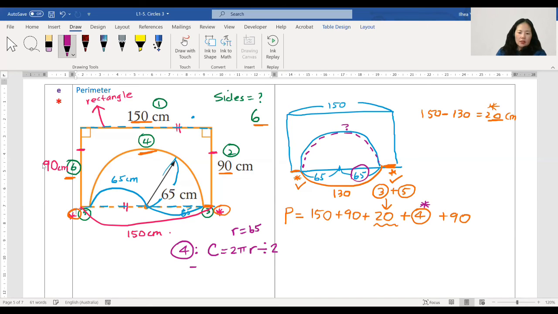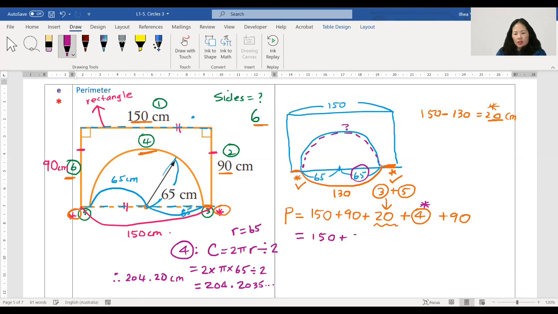So let's put that into the calculator: 2 times pi times 65 divided by 2. When you do that, you will get 204.2035... And if I put in 2 decimal places, 204.20 centimeters.